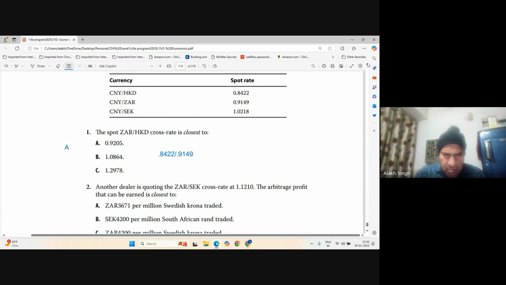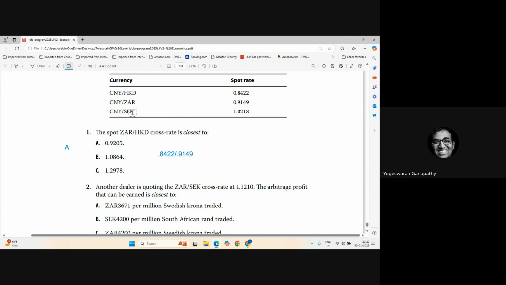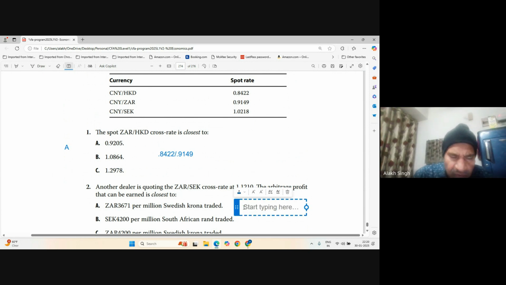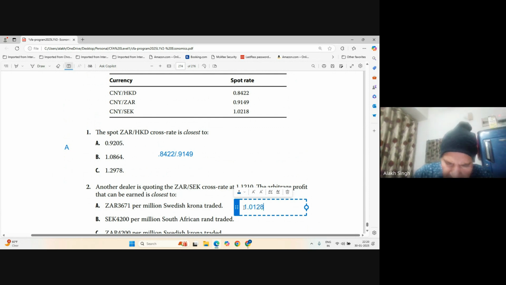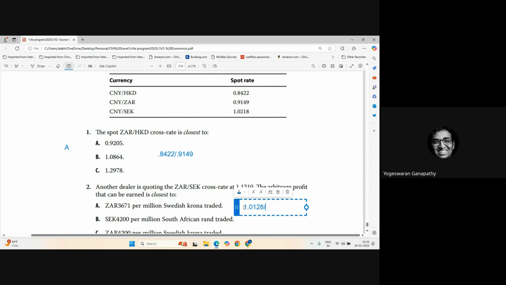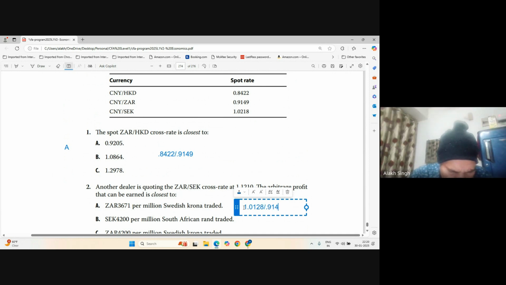So here we need the ZAR per SEK cross rate: ZAR by SEK, so again 1.0218 divided by 0.9149. How much does it come to?